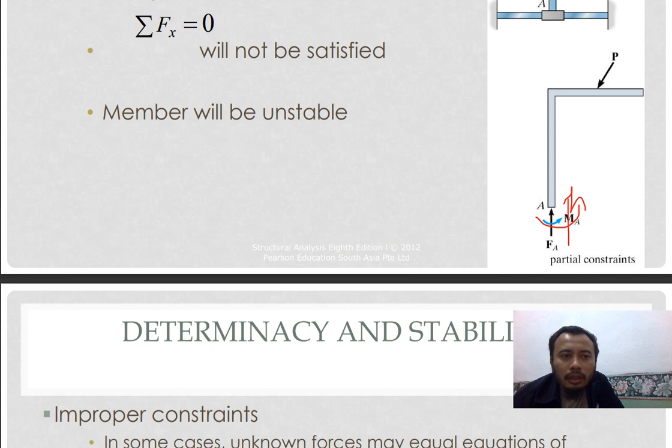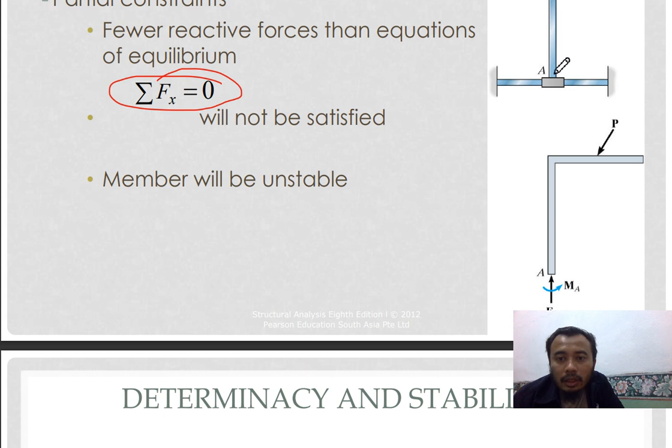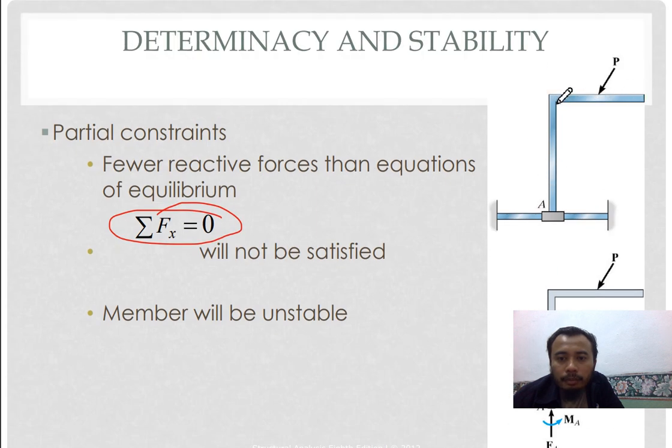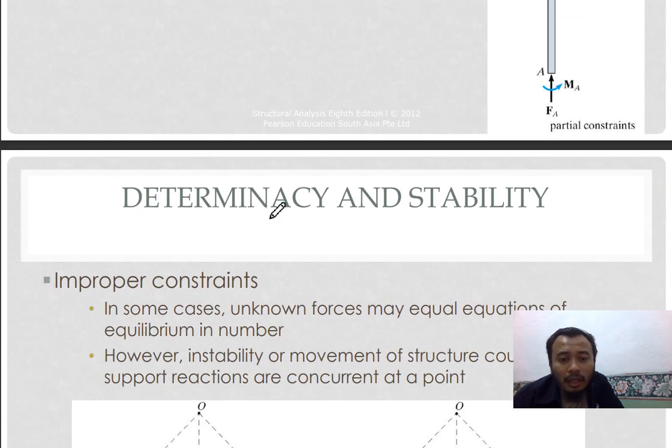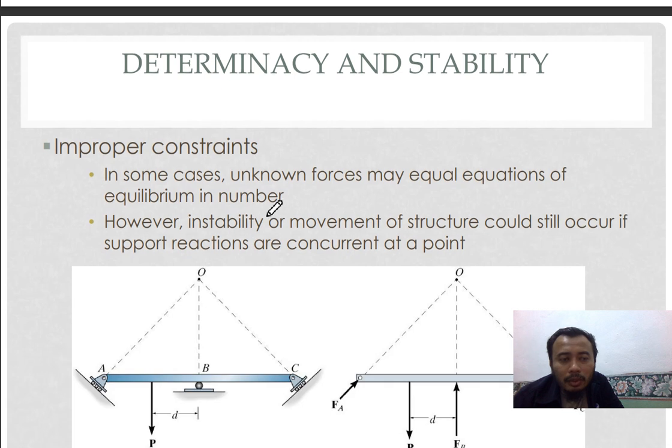So the support allows movement in the horizontal direction, or Fx. So Fx equal to 0 will not be satisfied, because in this case the frame can move, it's not static. So it is considered partial constraint and not stable, and you cannot analyze an unstable structure, because it is dynamic, it can move.